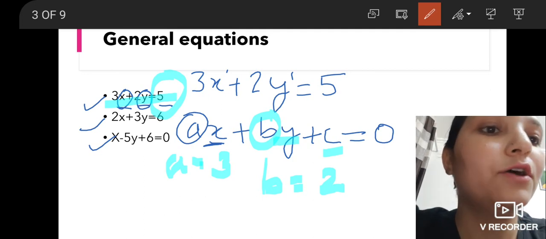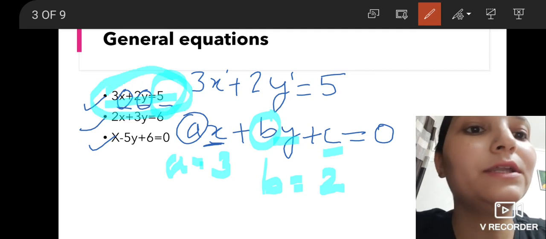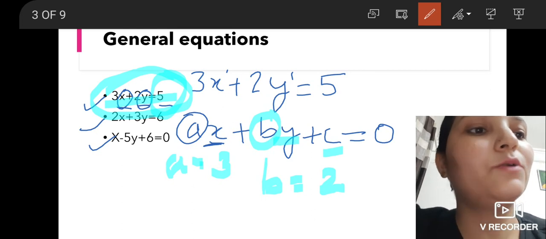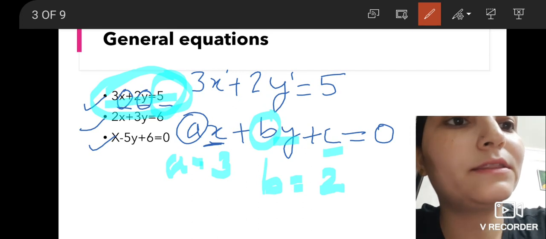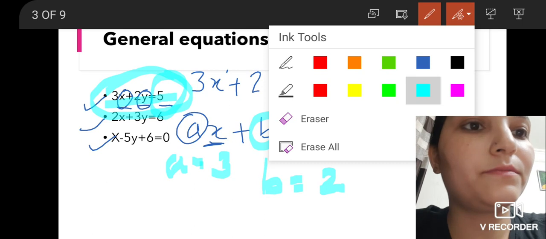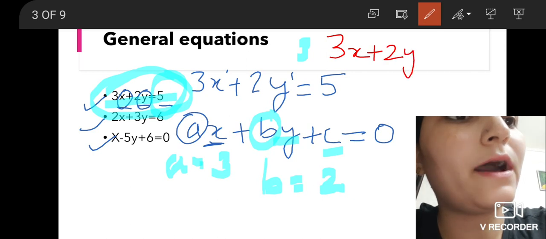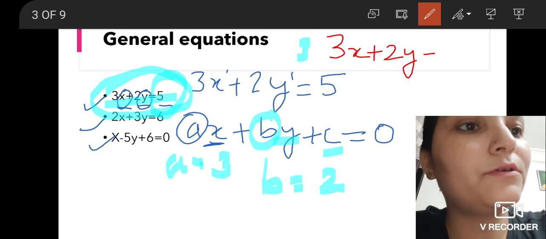So first you have to make this equation like a general equation, that is, make the right hand side equal to 0. How will you make the right hand side equal to 0? Like this: 3x plus 2y, and this 5, we take to the left hand side, minus 5 is equal to 0.